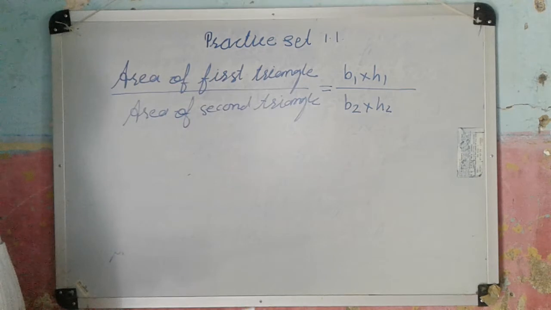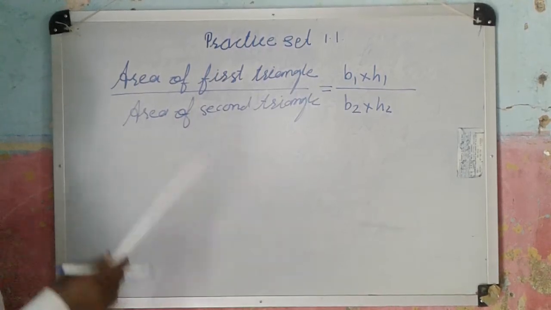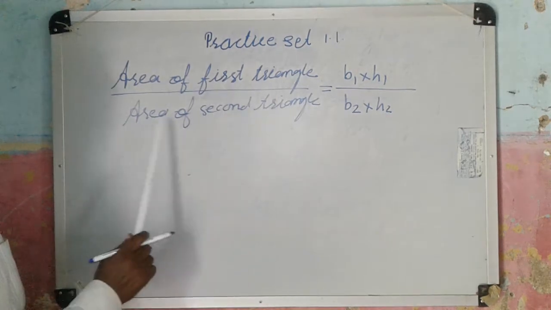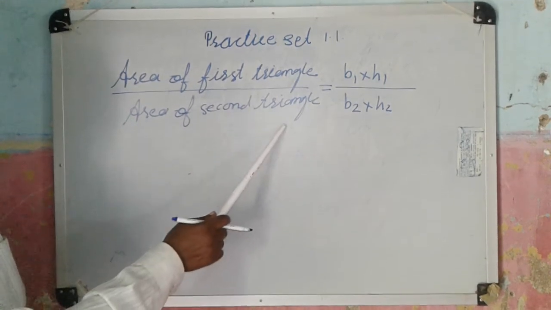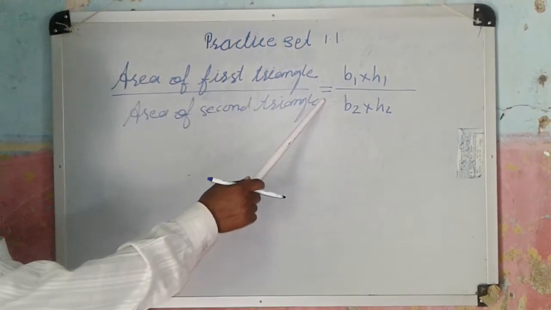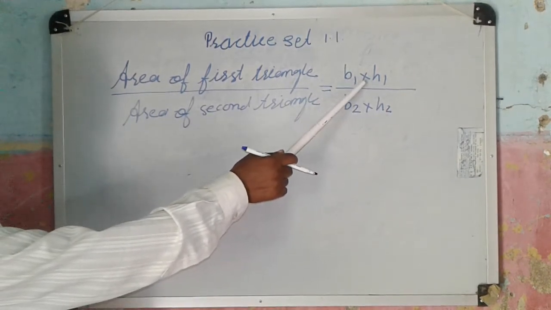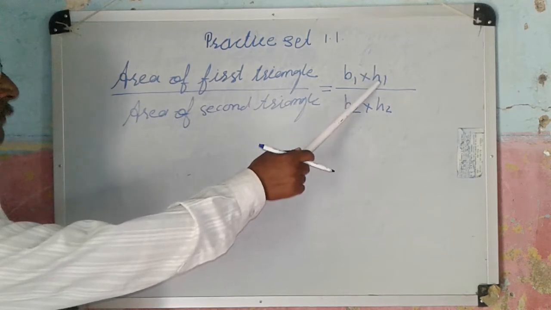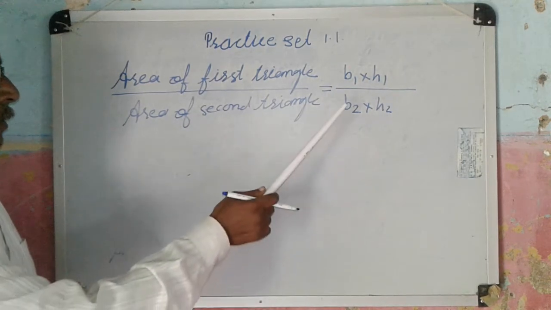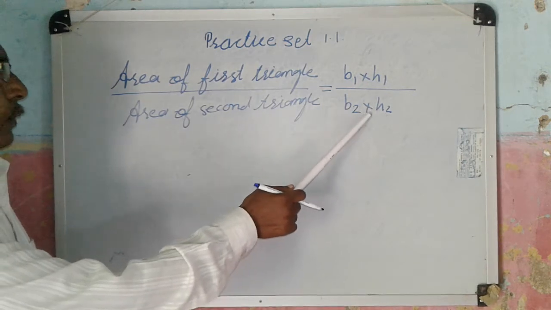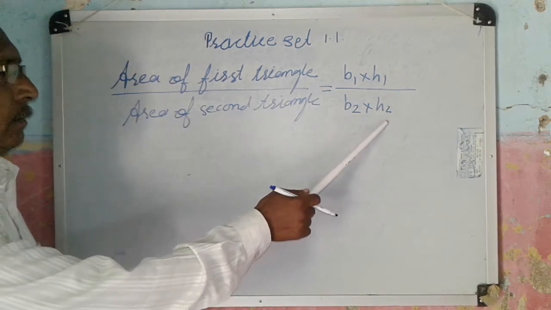Now we will take the ratio of areas of these two triangles. Area of first triangle upon area of second triangle is equal to base of first triangle into height of first triangle upon base of second triangle into height of second triangle.